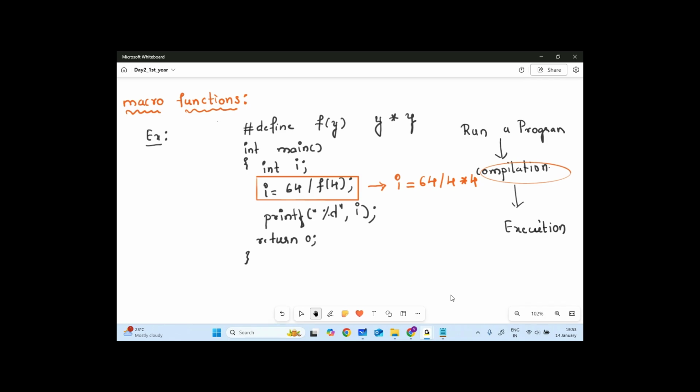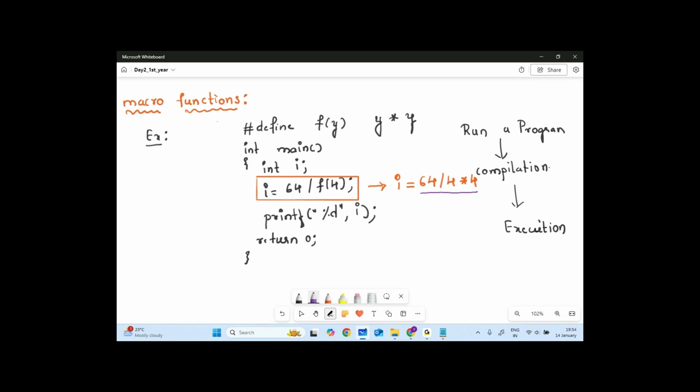Macros are executed during compile time, and macros are only replaced by their value. So we have replaced the macro by its value. This is the expression we get during compile time.